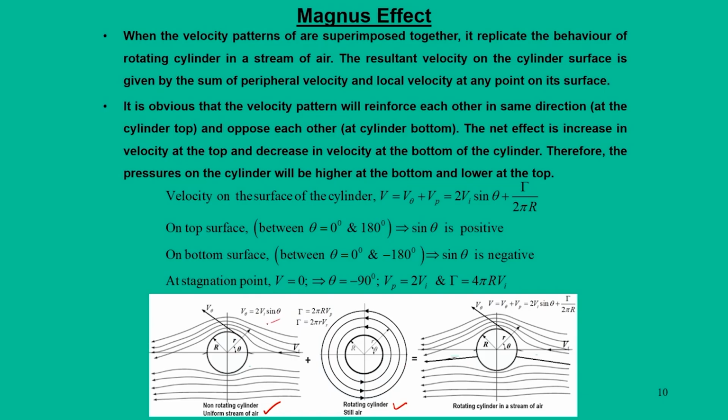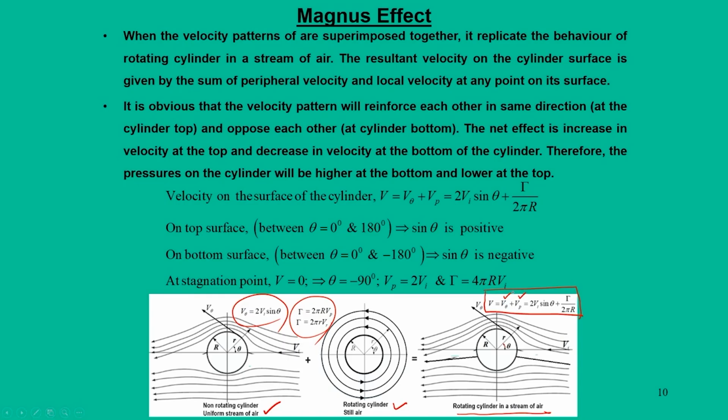We have V theta here, and here we have circulation, and when you superimpose these two, we have a net effect, which we call a rotating cylinder in a stream of air. So with a rotating cylinder in a stream of flow, we have both effects together, and the velocity on the surface at any location theta can be defined as two parts: one is V theta, the other is V p.